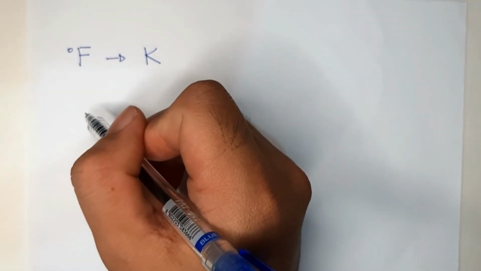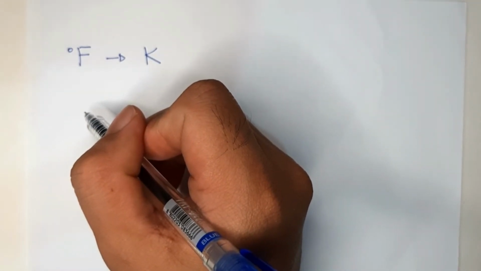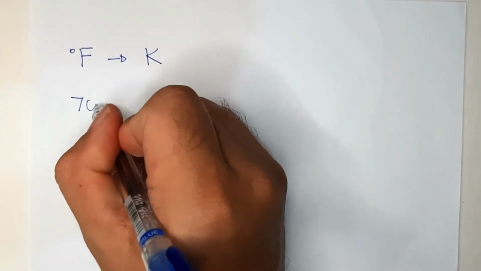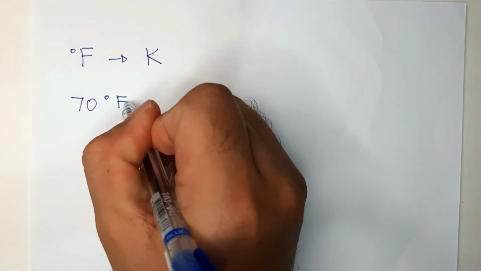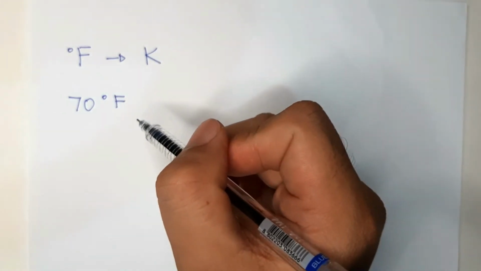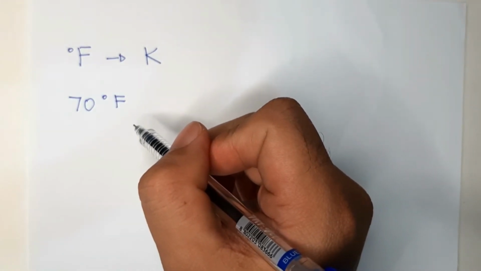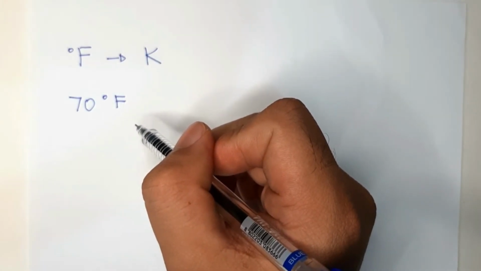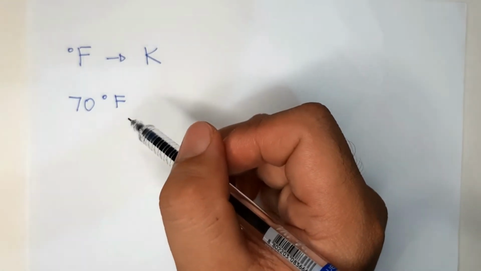So let's say we have a temperature of 70 degrees Fahrenheit. How can you calculate Kelvin? The equation we are going to use is this equation.